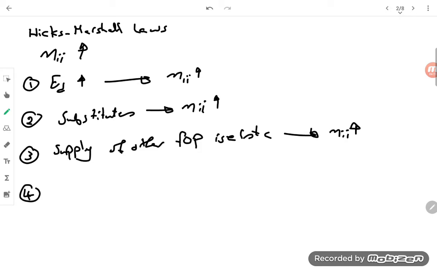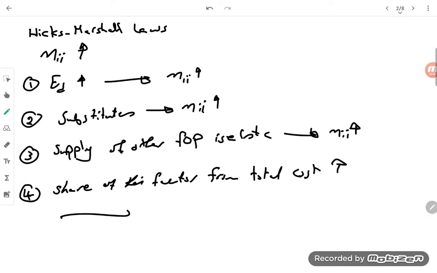Finally, number four, the proportion or the share of money spent on this factor compared to the total cost. Share of this factor from total cost. The higher this share, the more elastic the demand.